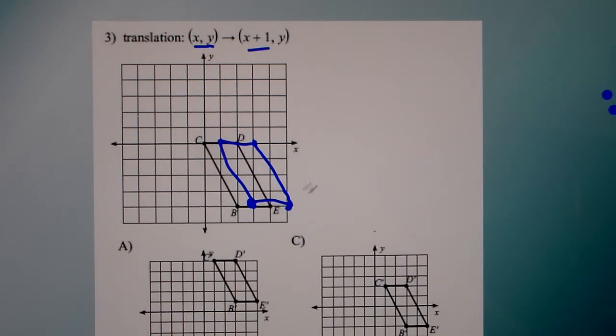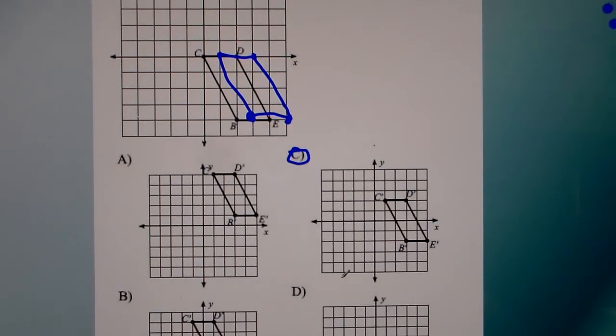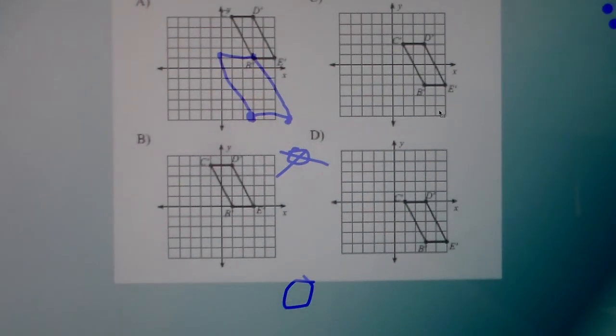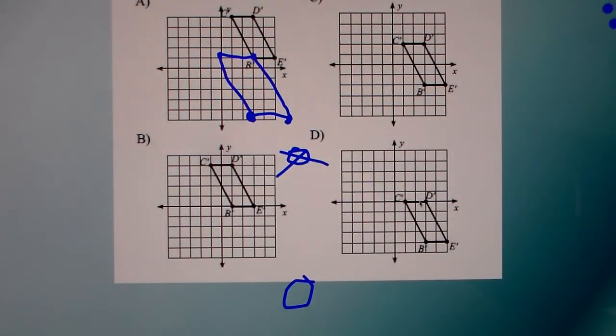It looks like that, what you see in blue. As far as multiple choice, it's C. Let's just move to the right 1. Oh, sorry, it's D. It'll be D right there.